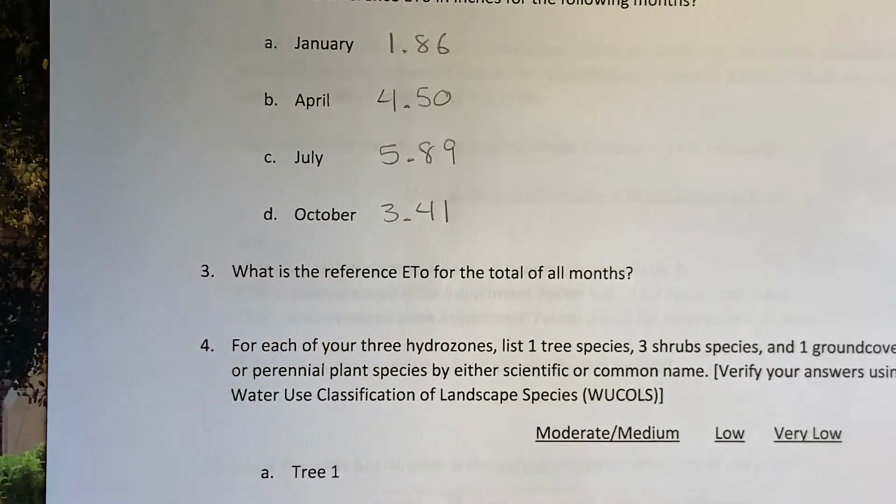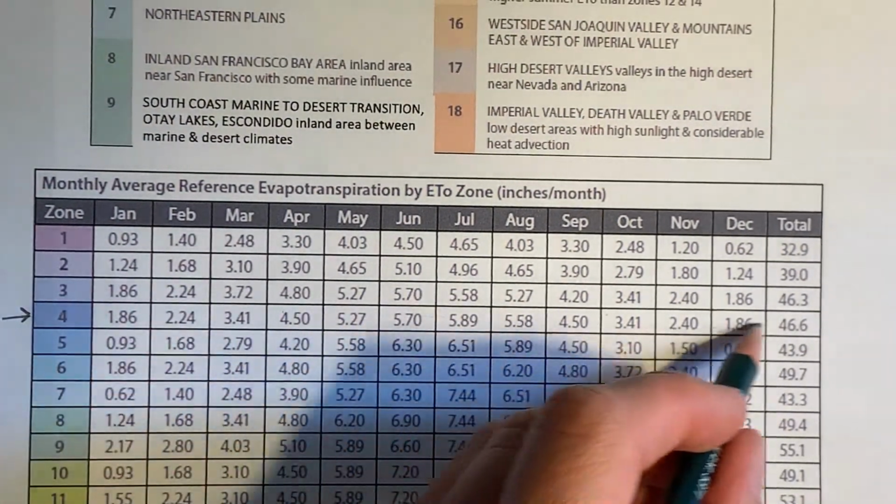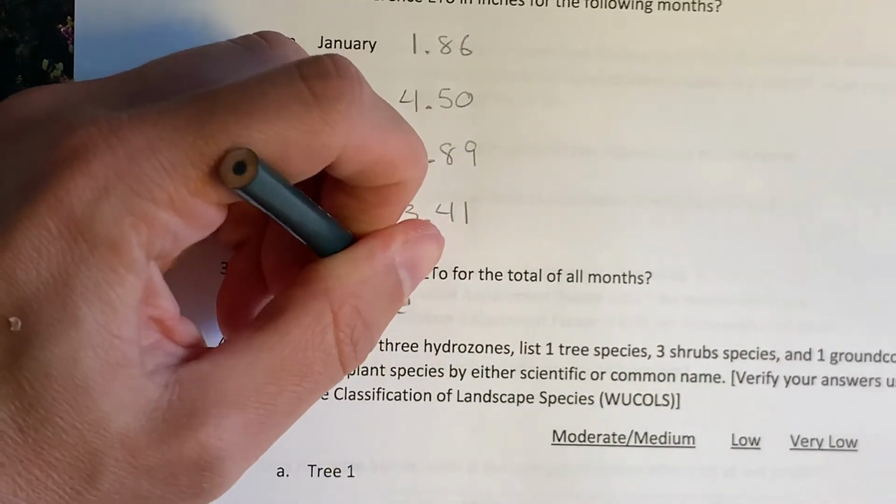What is the reference evapotranspiration for the total of all months? Number 4, our total is 46.6.